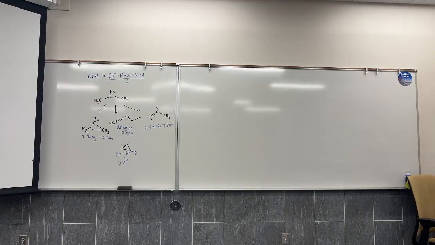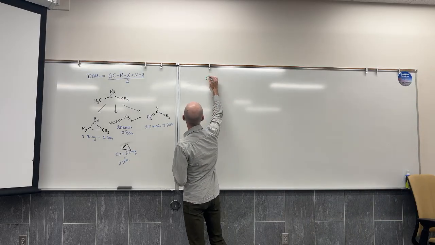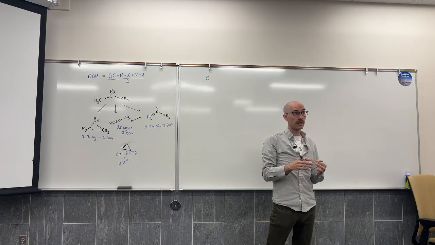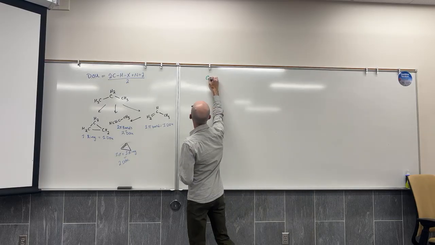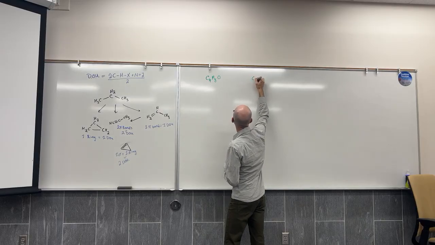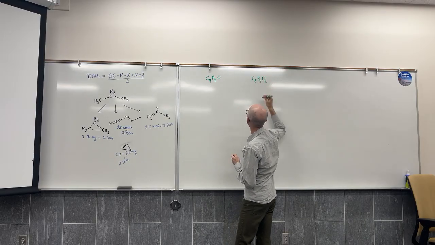So let's take the chemical formulas that we had, and let's calculate the degrees of unsaturation, which will help us figure out whether we have pi bonds or rings or multiples of those. C4H8O and C8H8O2.